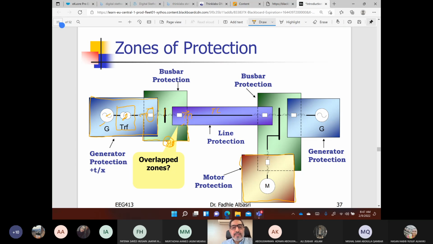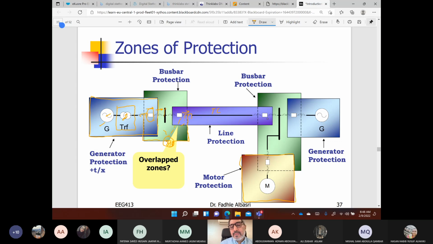If the currents are different, it means we have a fault in the bus bar. And the differential relay of the bus bar protection will give a command to all breakers that are linked to this bus bar to clear the fault in the bus bar.